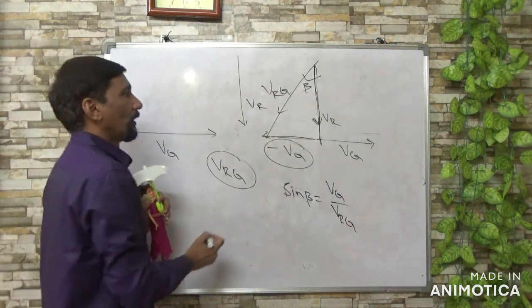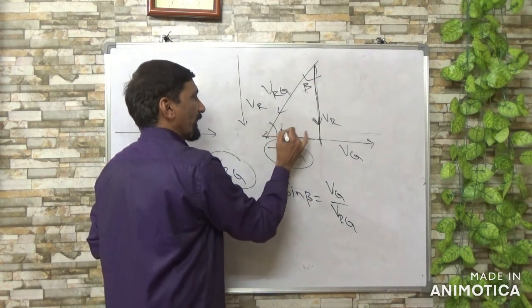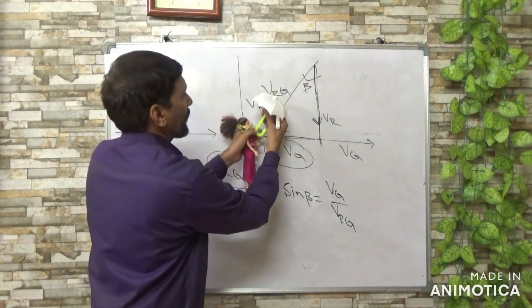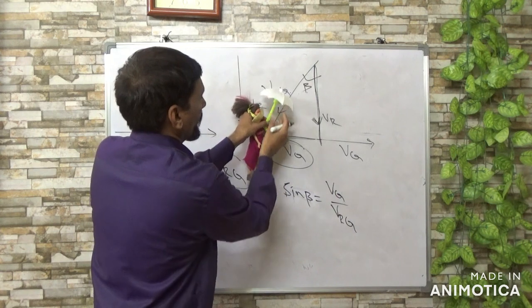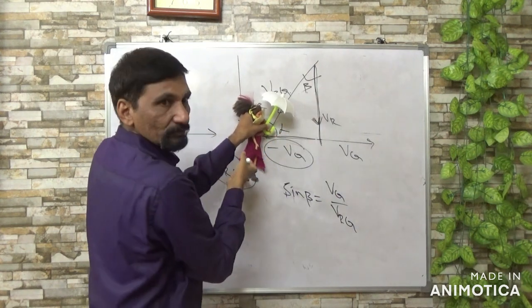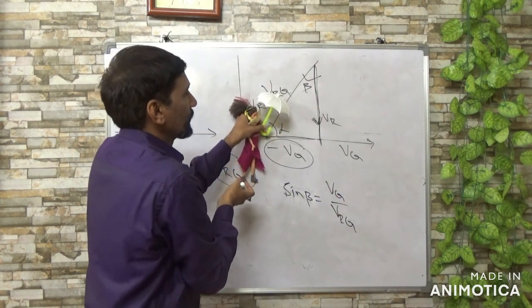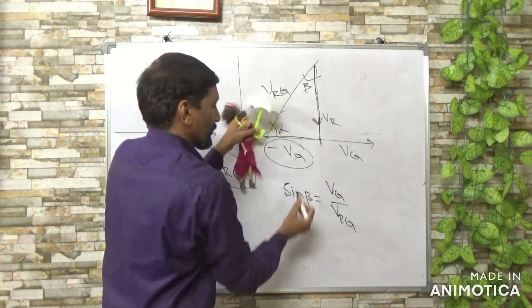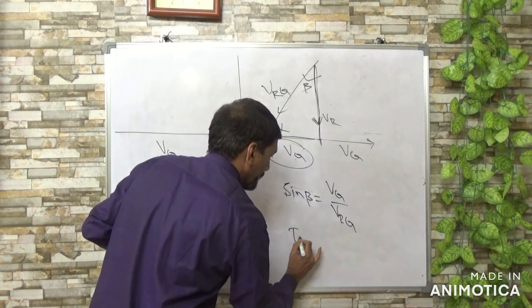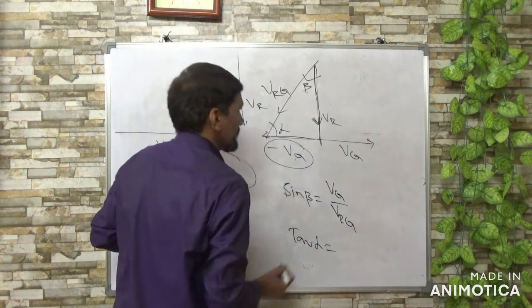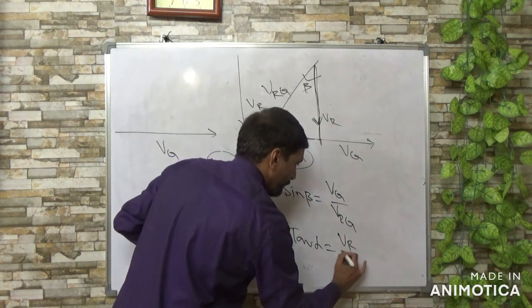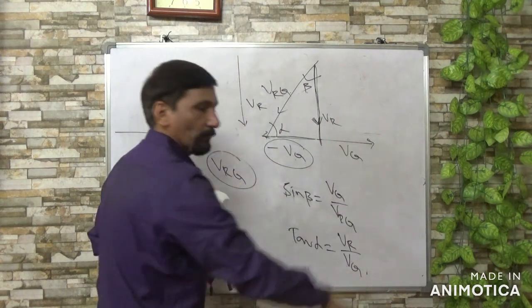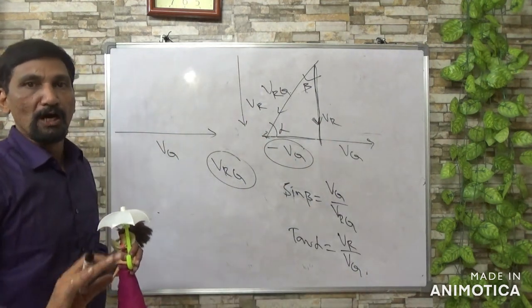Or if you want to know in what direction she should hold the umbrella to protect herself from rain, opposite is known, adjacent is known, so you can take tan. So tan alpha is equal to velocity of rain by velocity of girl with respect to ground.